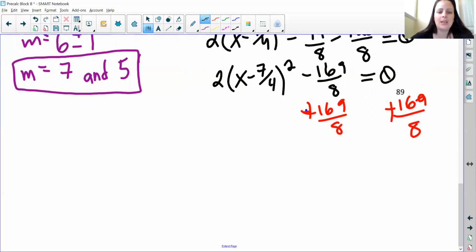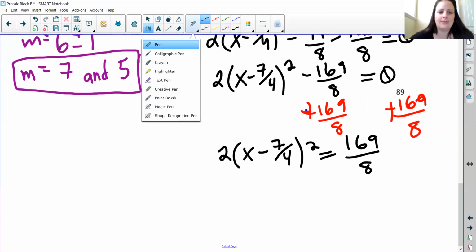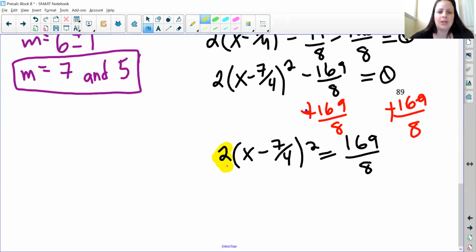My apologies for that. And we're going to be left with 2 times (x minus 7 over 4) squared equals 169 over 8. And now we have to get rid of this 2. So we're going to divide this by 2, which means we're going to divide this by 2.